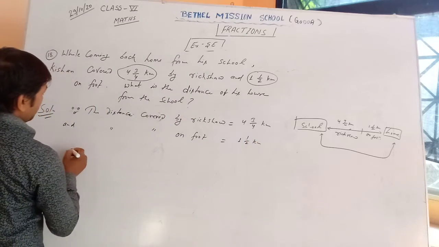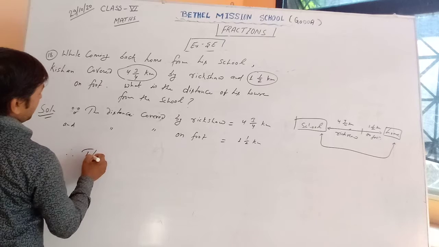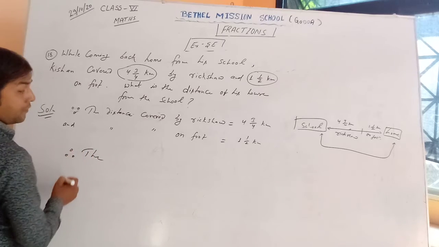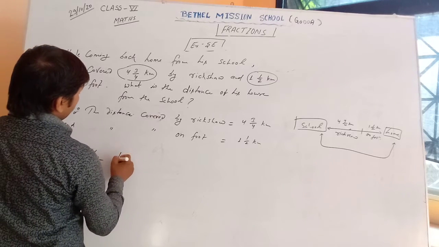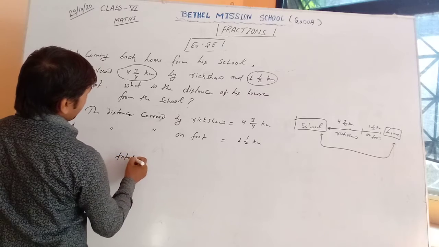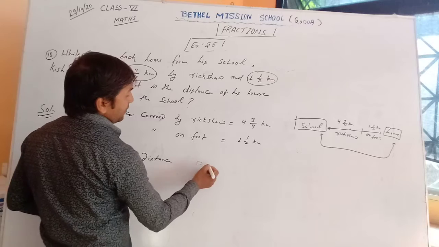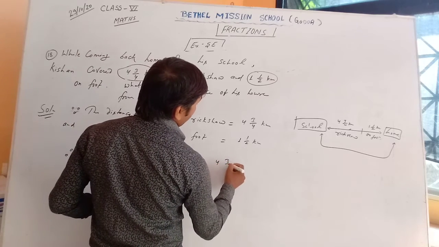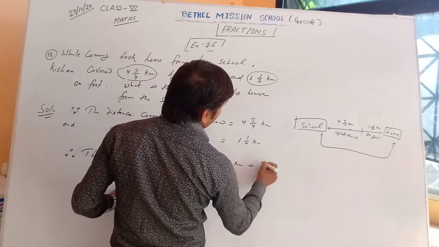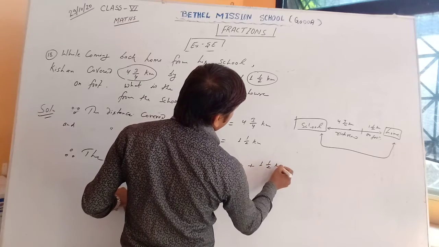So therefore, this symbol stands for therefore, the total distance equals 4 and 3/4 kilometer plus 1 and 1/2 kilometer.